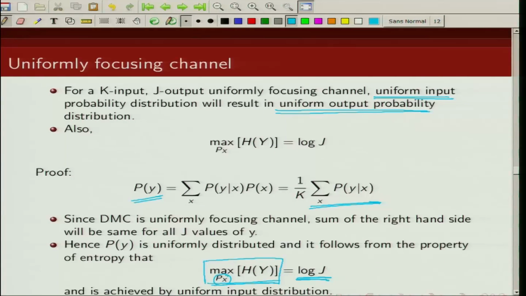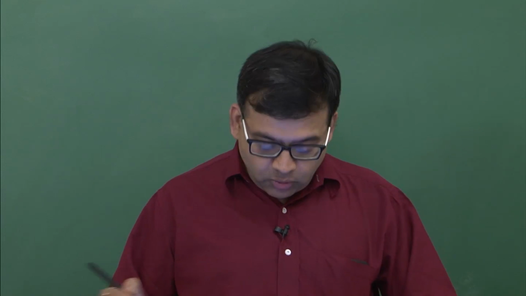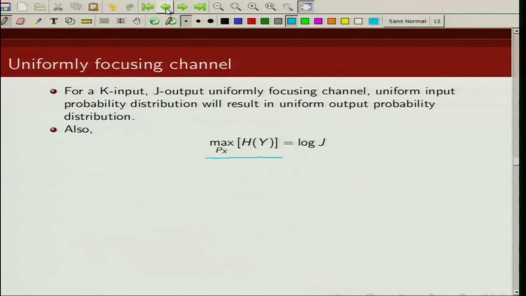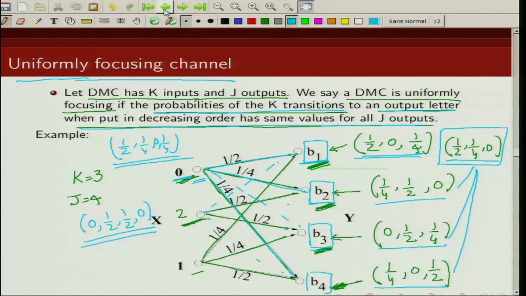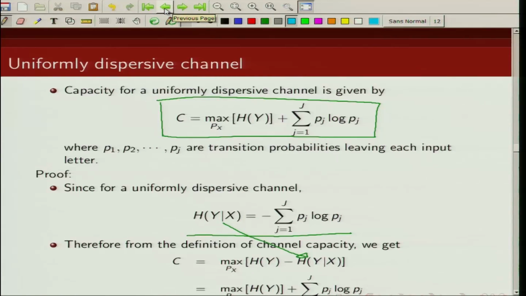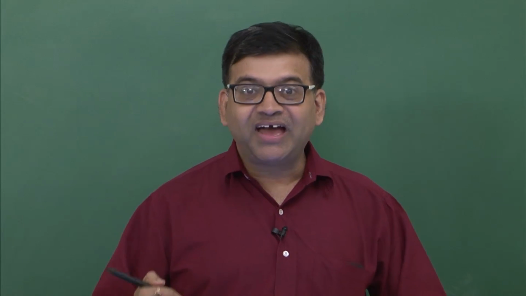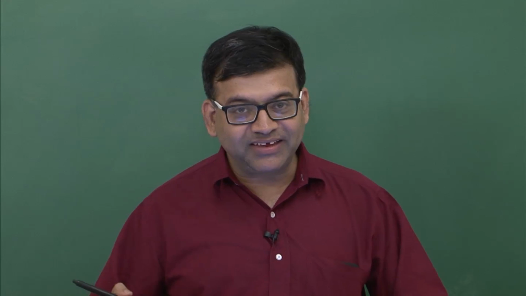Now what about channels? For a uniformly focusing channel we were able to get the maximum value of this, and for a uniformly dispersive channel we were able to get the expression for h of y given x. So, what if a channel is both uniformly dispersive and uniformly focusing?